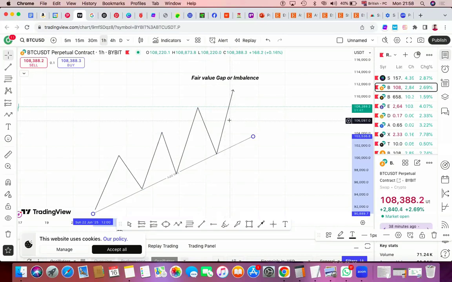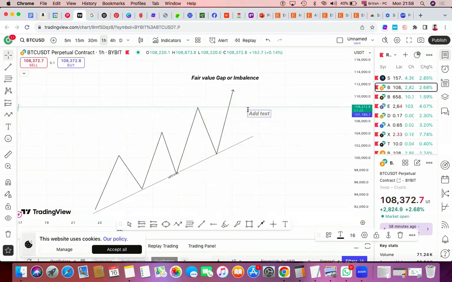You want to be able to spot the institutional candle in your charts, which we call IC.